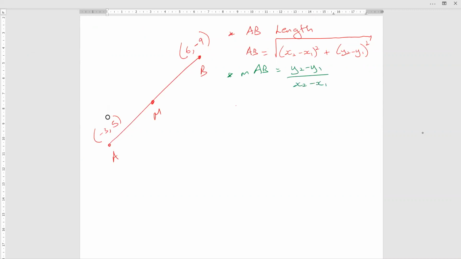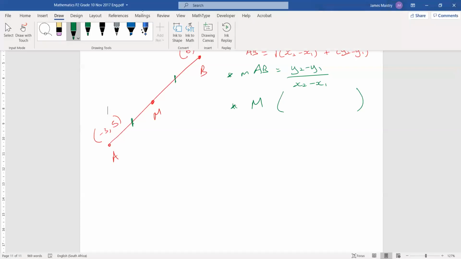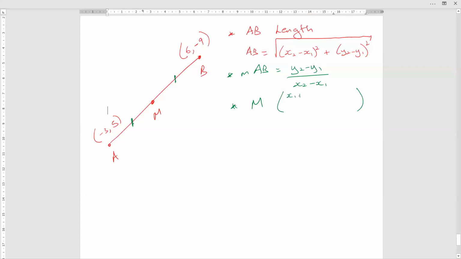The next thing we're going to find is a point. Let's suppose that AM was equal to MB. How would we find point M? You'd say (x1 plus x2) over 2. You find the average of the X values and the average of the Y values. Did you know that?